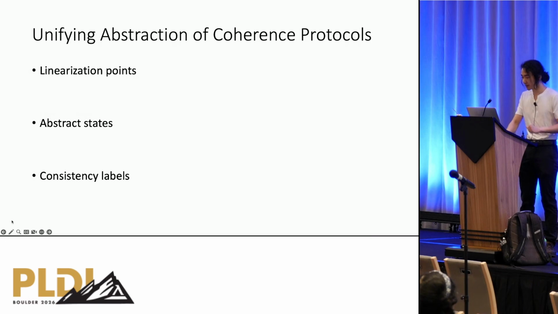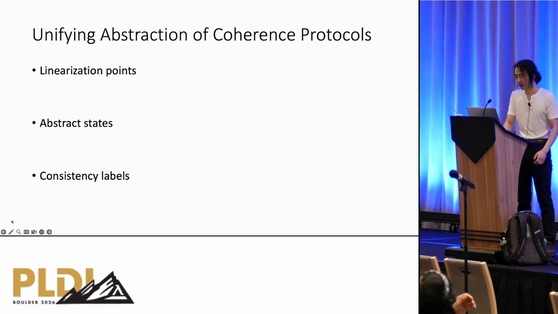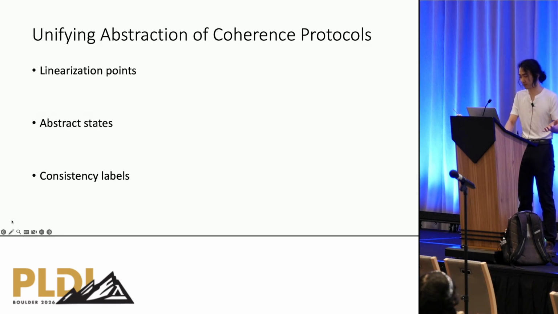And as we'll see, we distinguish between local and global visibility. Second, abstract states. This is a uniform way to capture a cache holding sufficient permissions to satisfy an operation locally as a silent hit without further communication, whether it's a GPU or CPU cache. And finally, consistency labels. Each operation carries a label, its ordering contract, which is how we relate the behavior of the coherence protocol to the consistency model it must enforce.